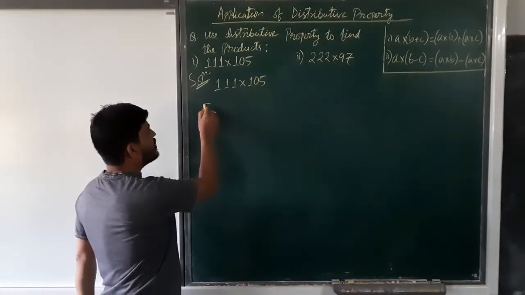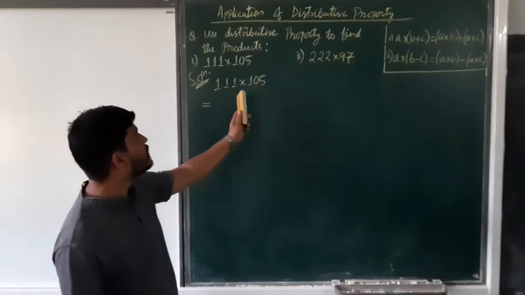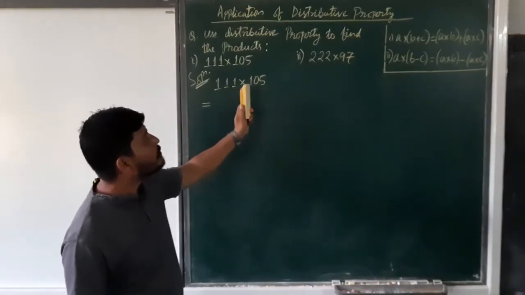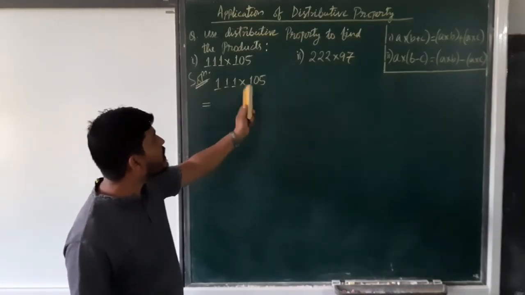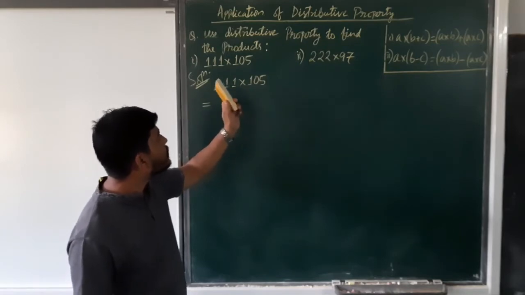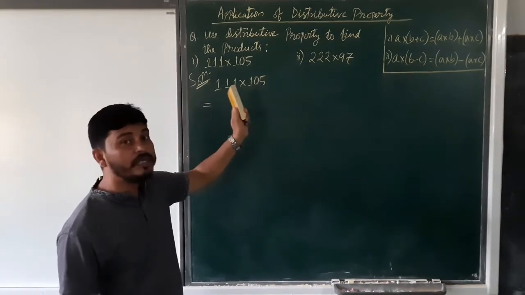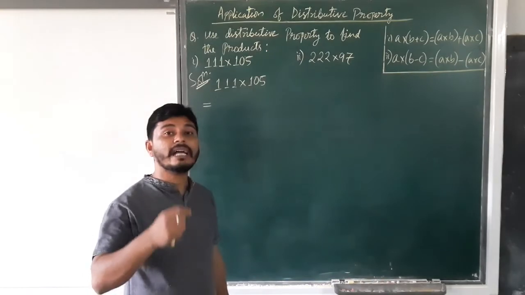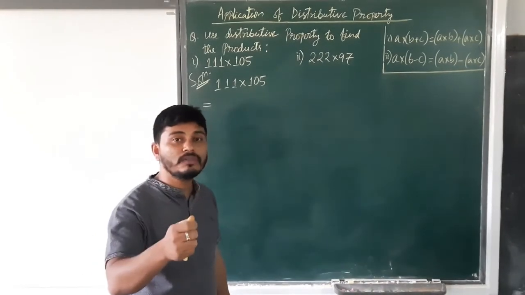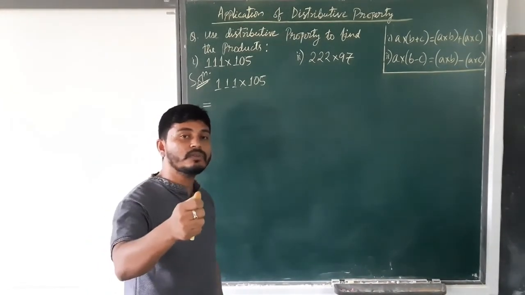Now that third whole number we have to take out from these two whole numbers. Always remember that we have to take out the third whole number from the one which is nearer to either 100 or 1000 or 10,000.